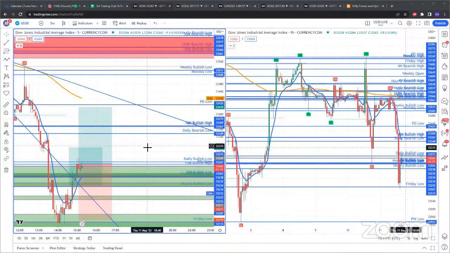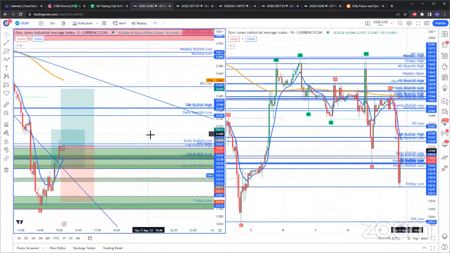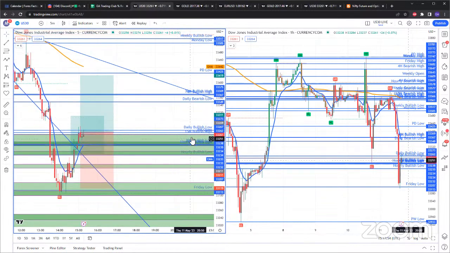So it doesn't have to be 100%. Right now we're in a buy, and we have an hourly bullish low, 30-minute bullish low, daily. So we have nothing but bullish zones right here. Now, we could have had a 30-minute bearish zone, but is that going to stop us from entering this trade? No, because we have an hourly bullish low, hourly bullish high, 30-minute bullish low, 30-minute bullish high.